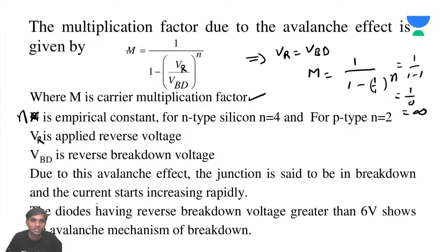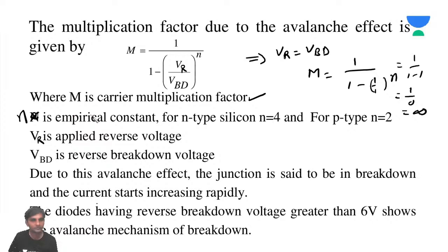This ratio becomes 1, and 1 minus 1 is 0, so M is going to be infinite. That represents that an infinite number of electrons are forming.